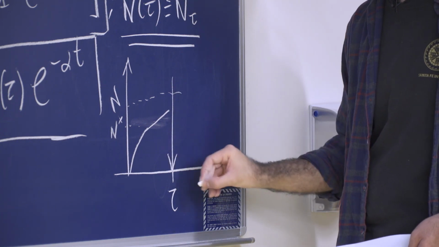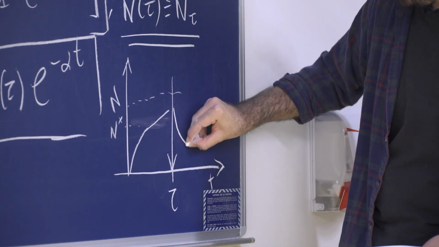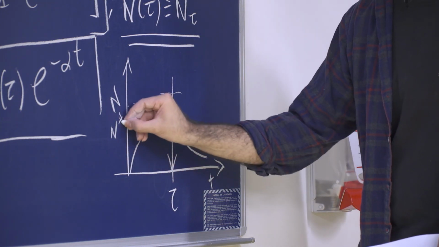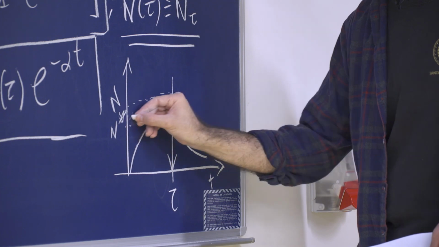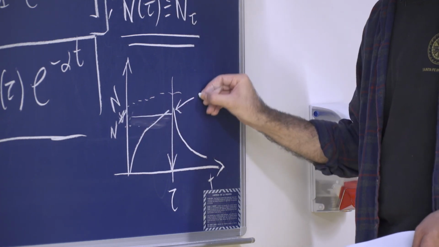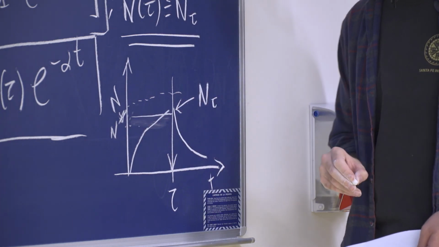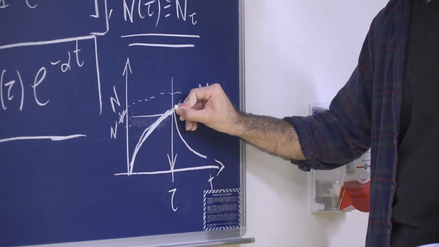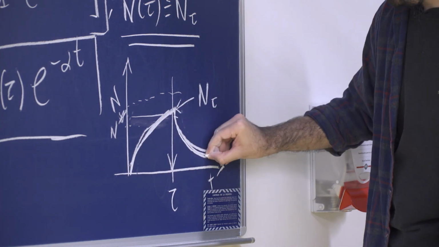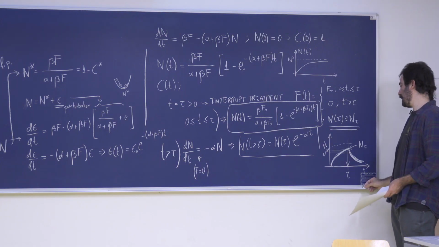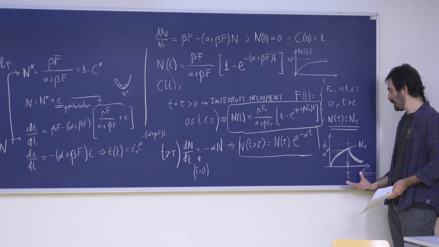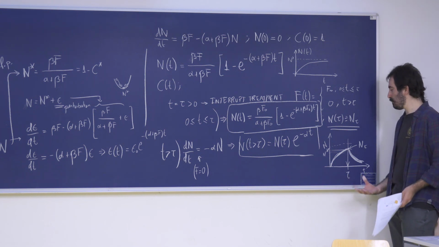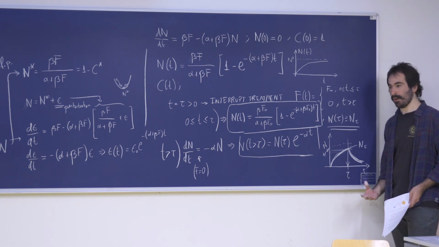So here we stop the treatment. And now what we see is exponential decay. N star should be up here, and this right here is n sub tau. And this curve is the curve of the total number of healthy cells that we should see in the system over time. That's the solution that this problem was requiring. Okay, so that's it.